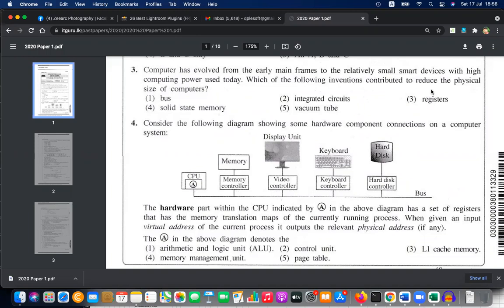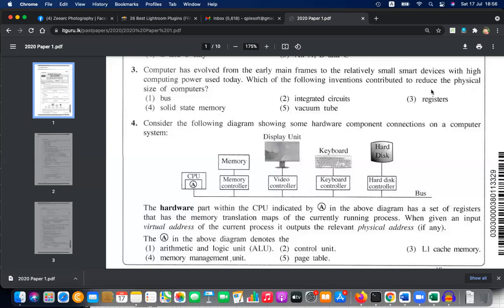Because ICs combine thousands of transistors, and transistors combine several hundreds of vacuum tubes. It was the foundation to the microprocessor. Registers are just memory locations, right? Nothing to do with physical size.